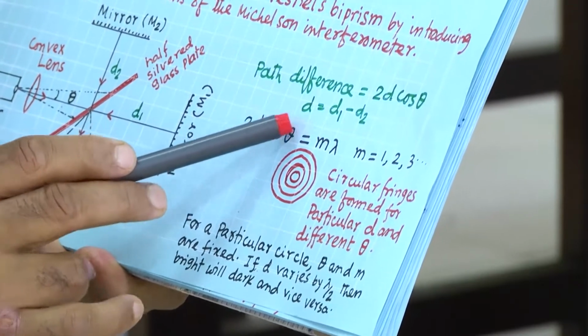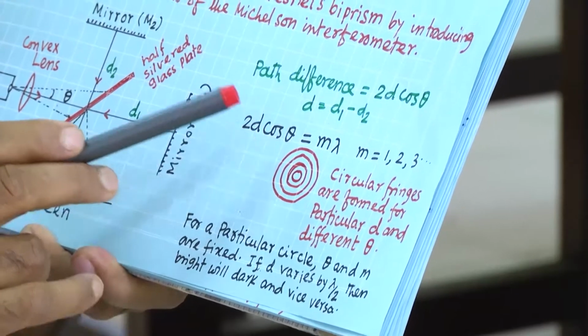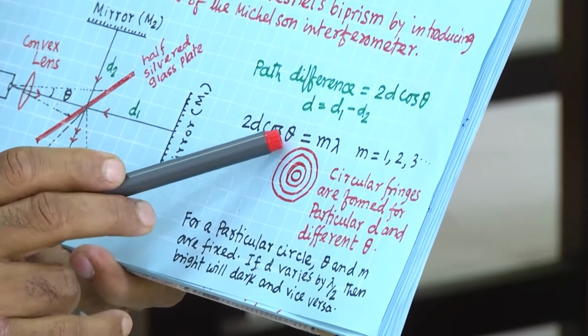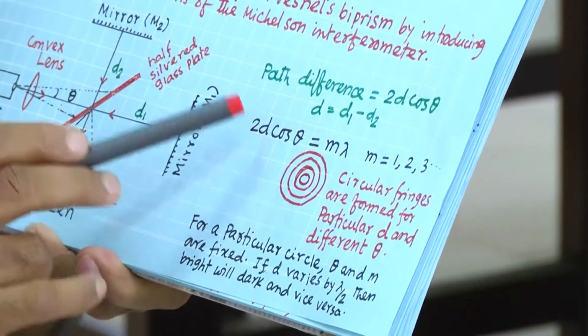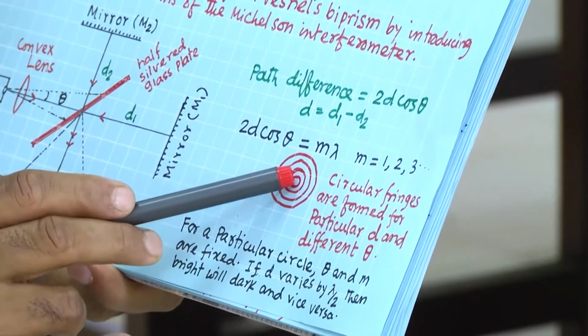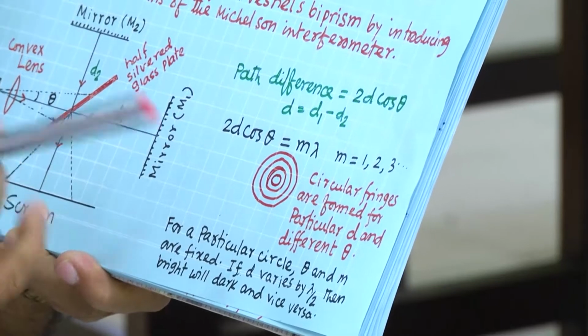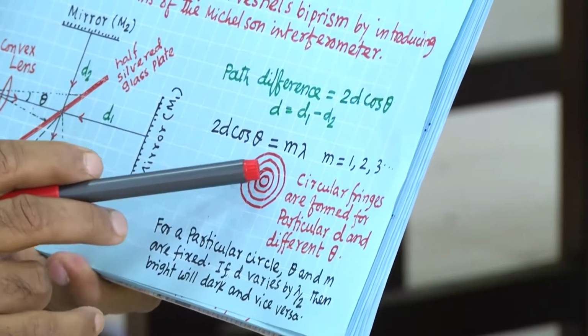Okay. So, this is the maximum value because cos theta varies from 0 to 1. So, for theta equal to 0 this is the maximum value, and the fringe you will get at the center. So, the order of the fringe at the center is maximum, that means m will be maximum.